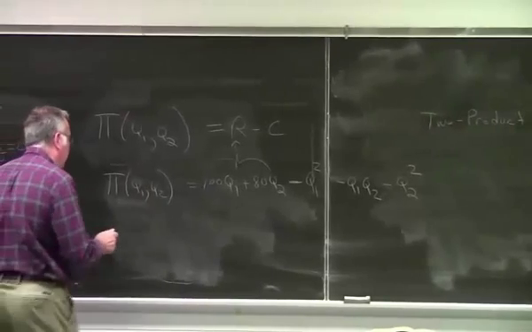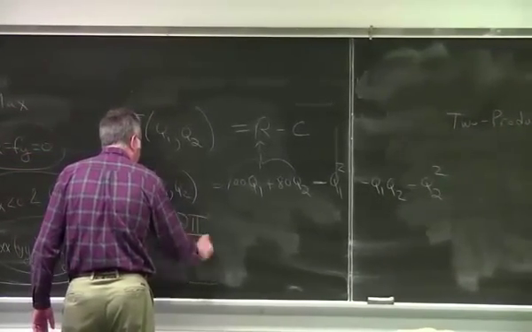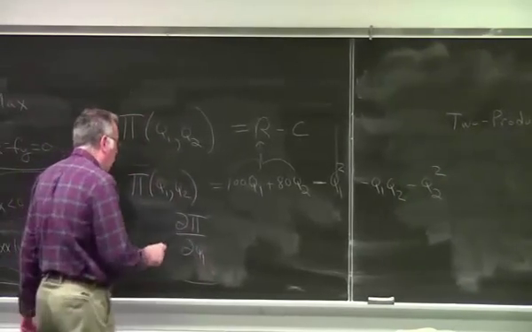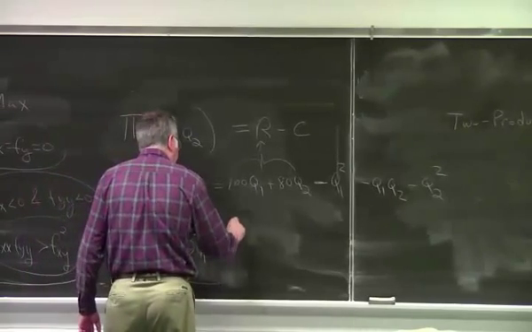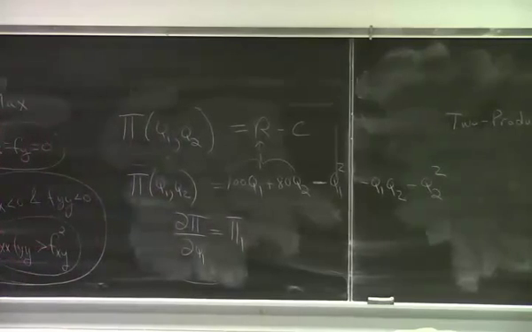Okay, so what we want is the partial derivative of profit with respect to Q1. Might as well start with Q1. The partial derivative of profit with respect to Q1 could just be denoted as pi sub 1.